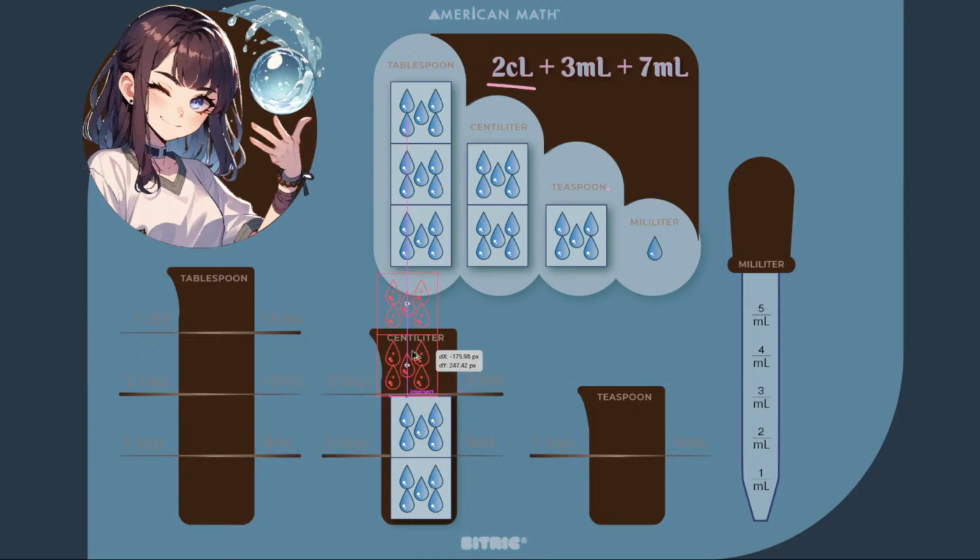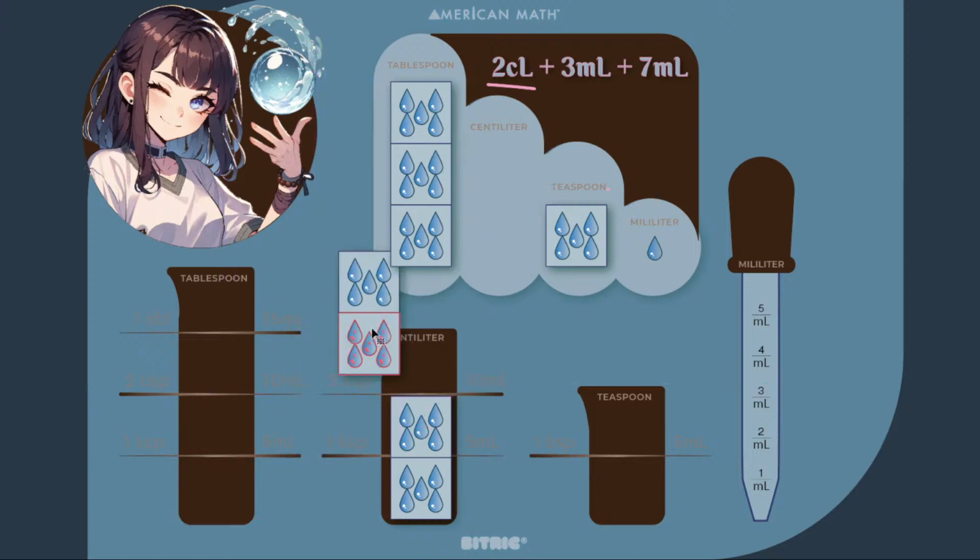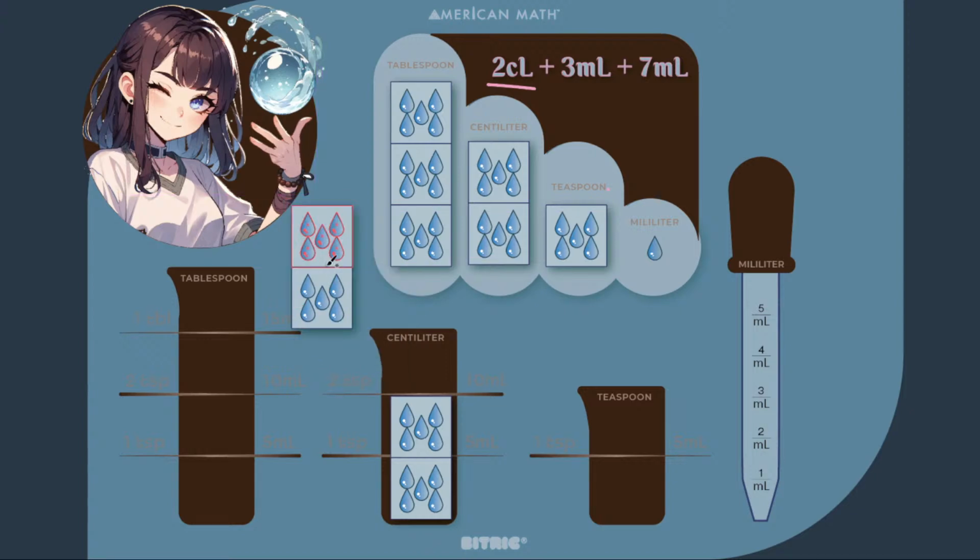So first off, one thing we could do is the break method, where we can always break up a group into pieces. So in our case, let's break up our additional centiliter in half into 2 teaspoons. Let me do that. So it'd be 1, 2.